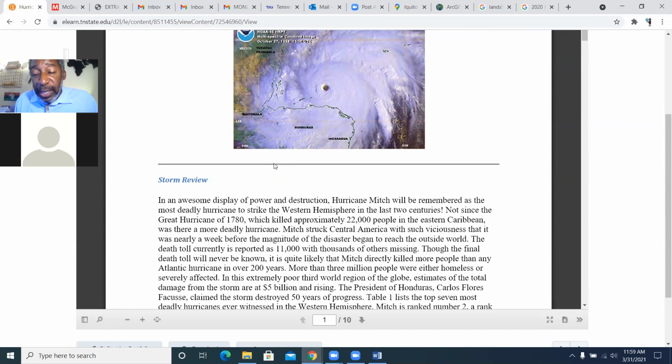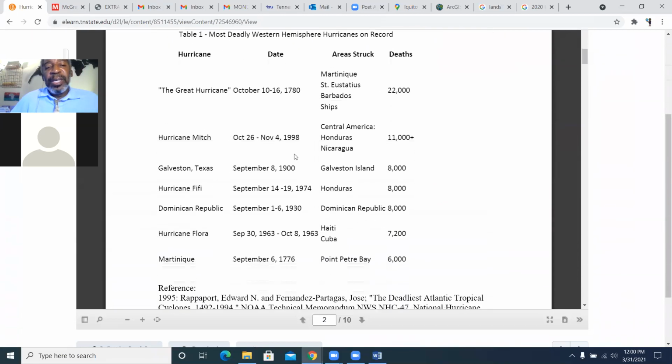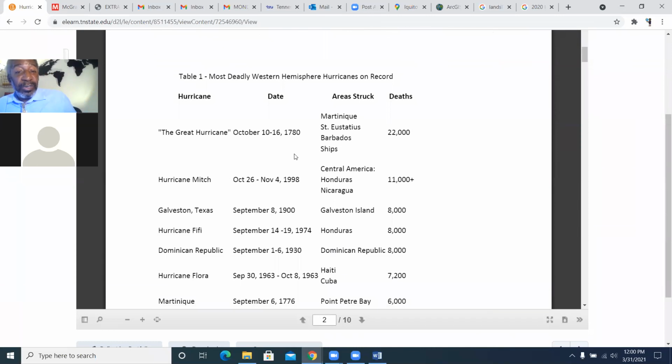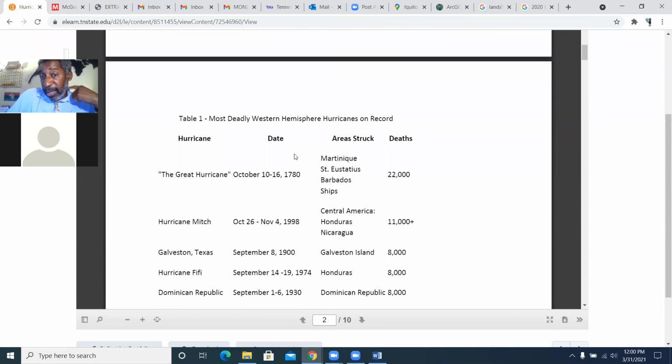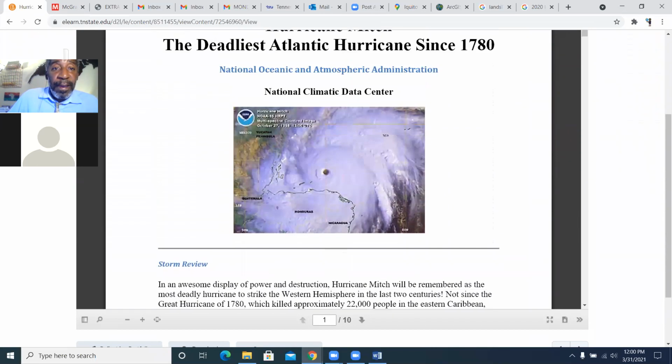Places in Latin America and the Caribbean that don't have our wealth, they have no warning. And so it starts raining. The next thing you know, your house is collapsing in on you. And that's pretty much how it goes. So that's why tropical storms like Hurricane Mitch and other hurricanes that strike the Caribbean region can have much more deadly consequences than they do here.